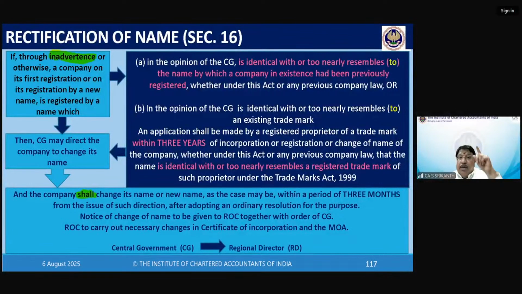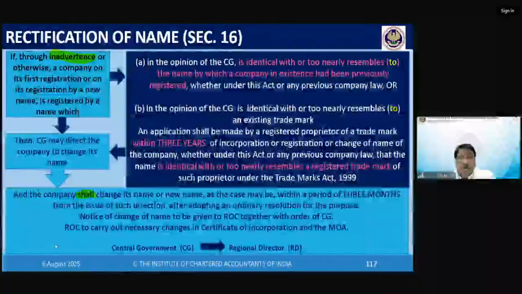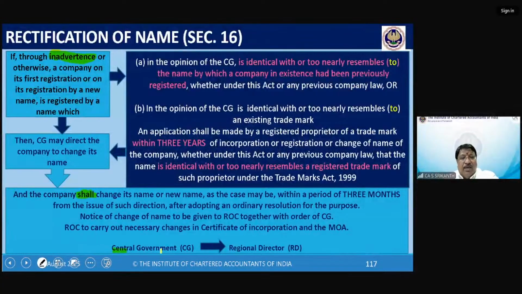Now the central government, in this case, means the regional director. Most of the time, I will give the data, but if you have a doubt, believe me, 98% of the time central government means regional director. Who is the registrar's boss? We'll be seeing the RD in change of registrar office also.